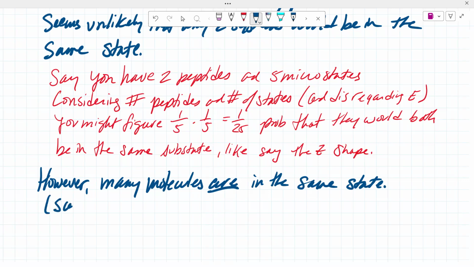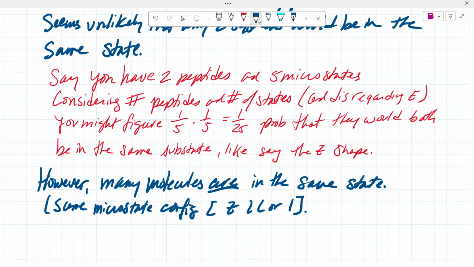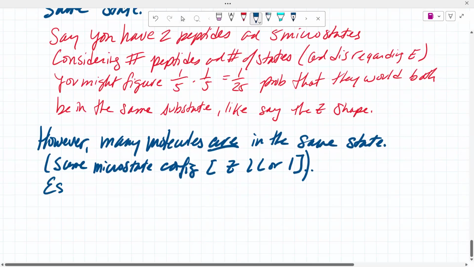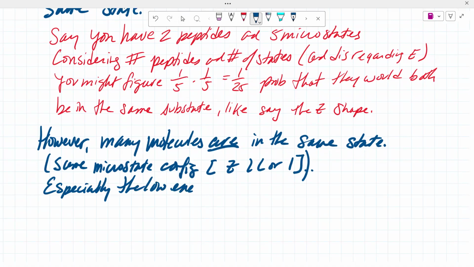By this we mean the same microstate: C, Z, L, L, or I, for example. Especially the low energy ones.